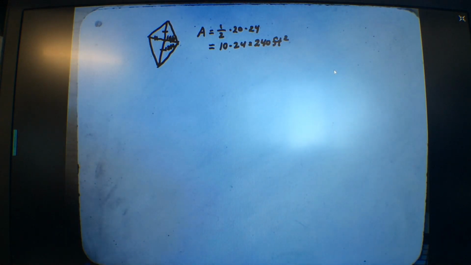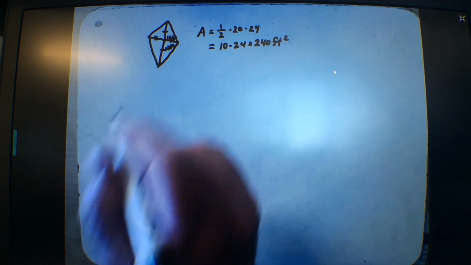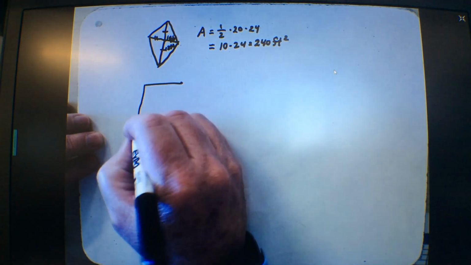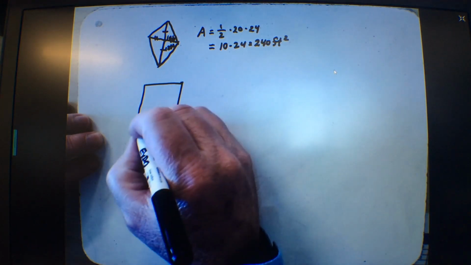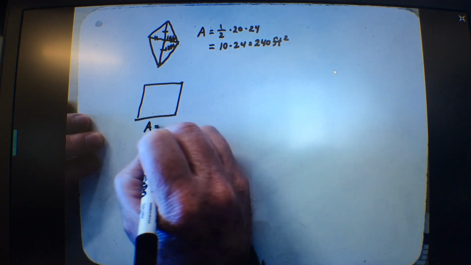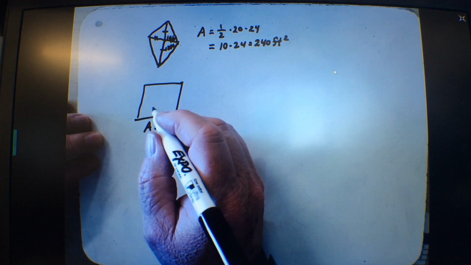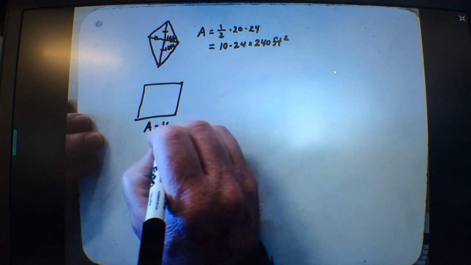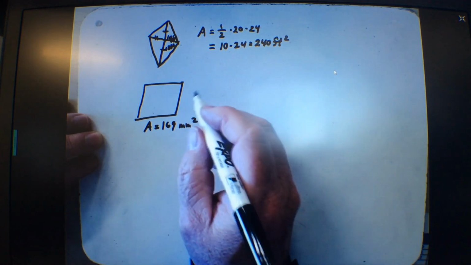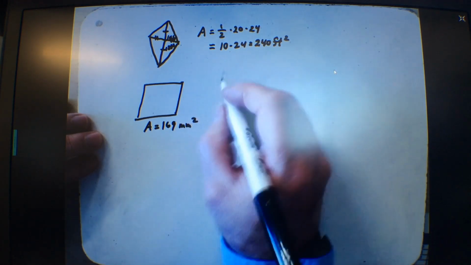What would happen if I said that one of the diagonals was twice as long as the other one? So I have a rhombus, and the area of the rhombus was 169 square millimeters. Could I find the lengths of the diagonals?